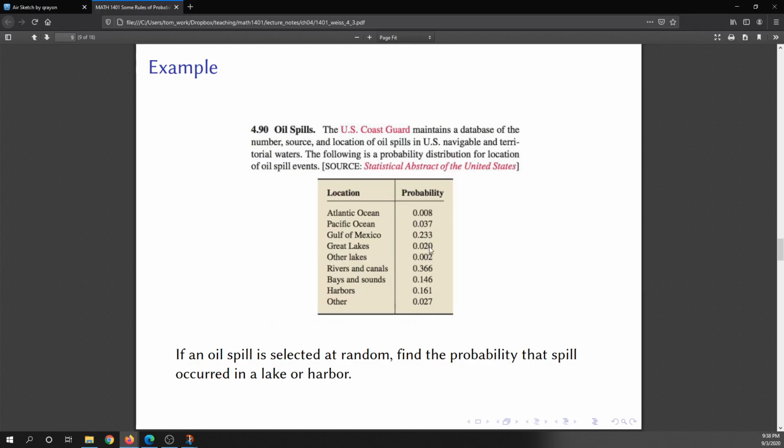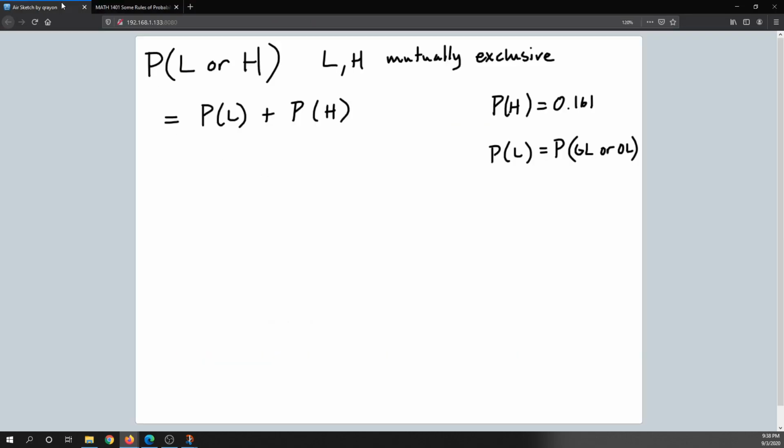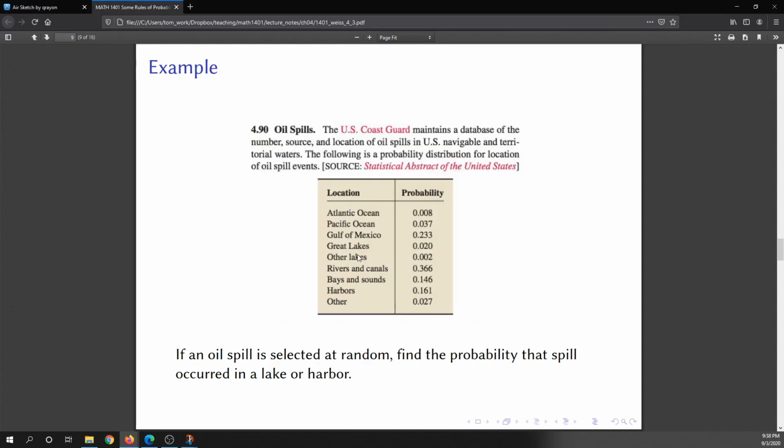So you can't have an oil spill that's in a Great Lake and some other lake that's not a Great Lake at the same time. Okay, so these are mutually exclusive again, and we can use the special addition rule right here. All right. And now the probability that the oil spill occurs in a Great Lake is 0.020.